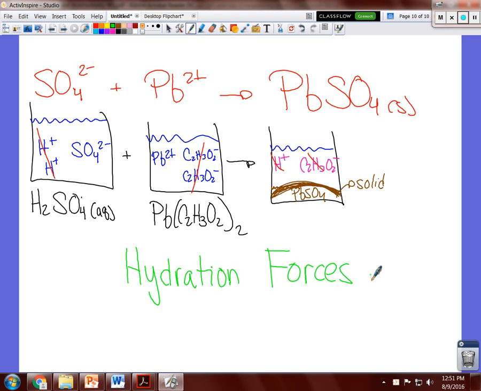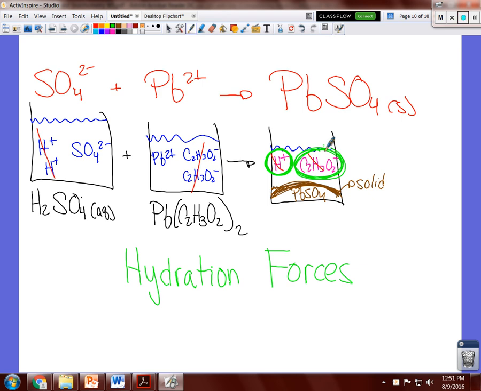Water is a piranha is basically telling you that water has really strong hydration forces. So here's what happens, Justin. I'm not going to draw this in beautifully, but what's going to happen is the water molecules are going to surround that thing, and the water molecules are going to surround this thing, and they're going to keep them from hooking up. Okay, the water is strong enough to do that.